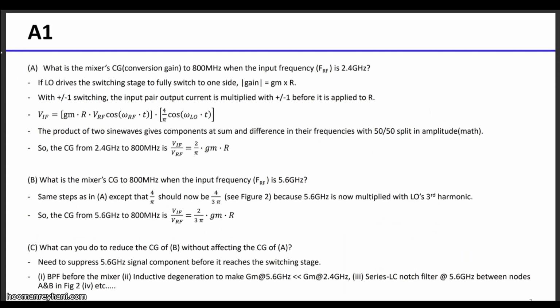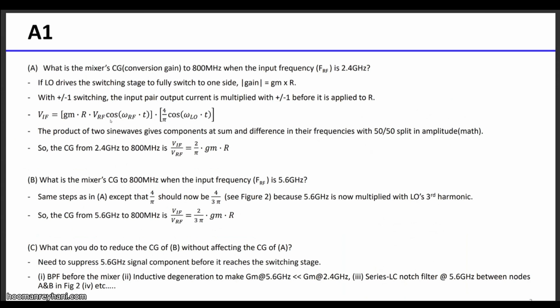So if you go to the answer page, you multiply the two signals. If the mixer is switched fully to one side, it's just a simple amplifier, GM times R. Here, I'll ignore the polarity. Let's just look at the magnitude, GMR. And the input signal will be the RF signal with some cosine function. And then the fundamental term has a 4 over pi coefficient on top.